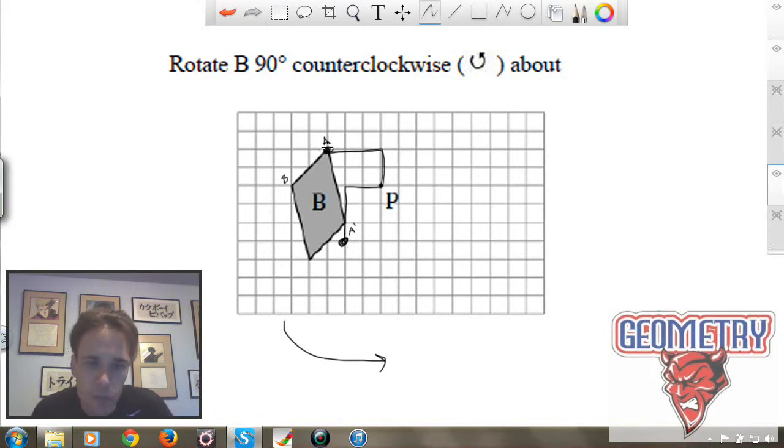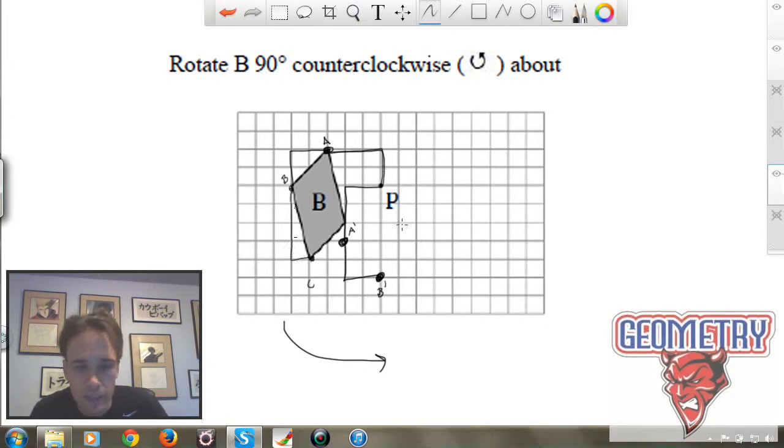To go from point A to B, that's over 2, down 2. Well, if I replicate that over here, when I rotate it, over 2, down 2, this is where the new location of B is going to be. Same thing to find point C. I know the relationship here between point B and C is down 4 and over 1.